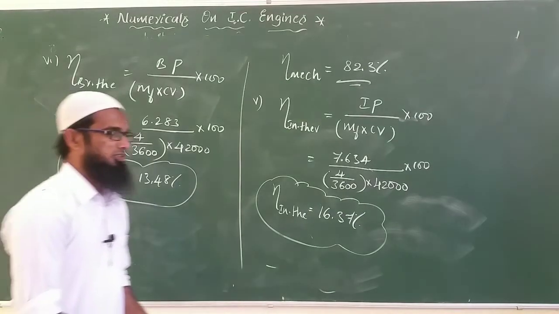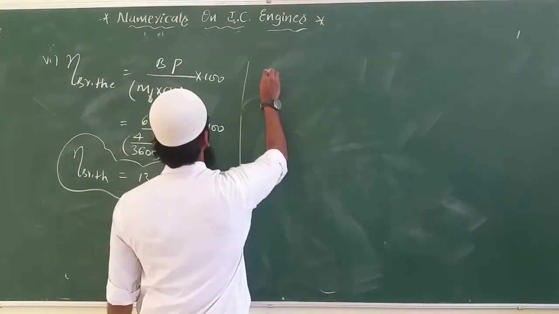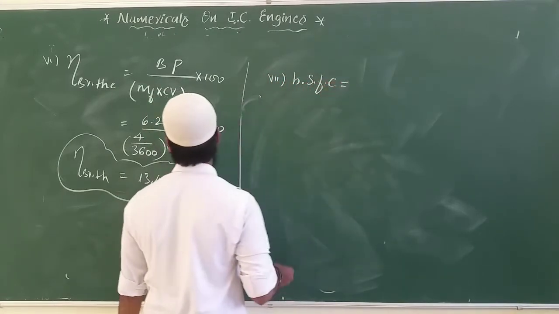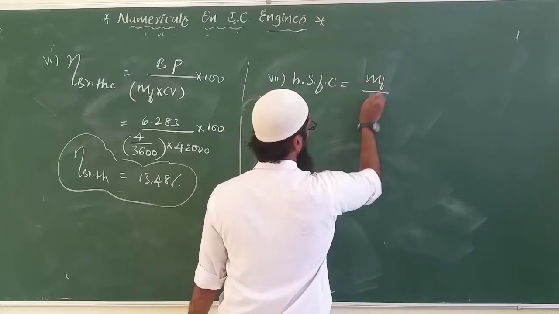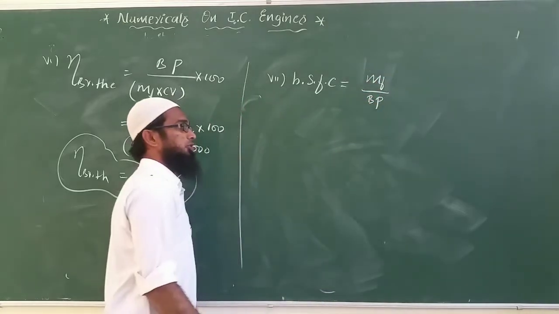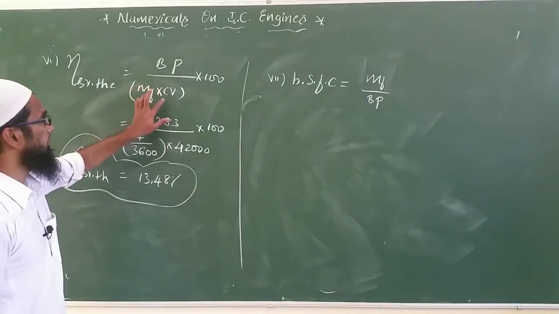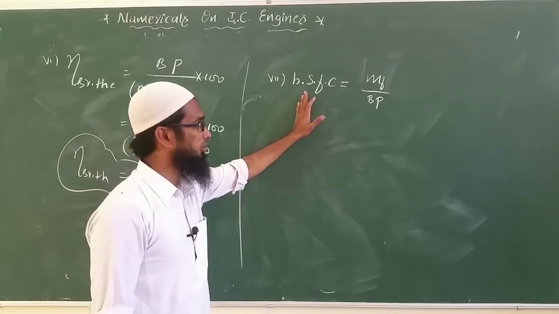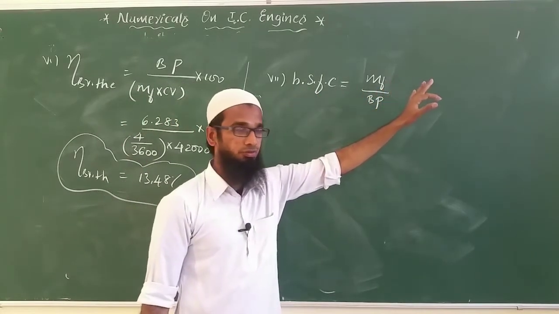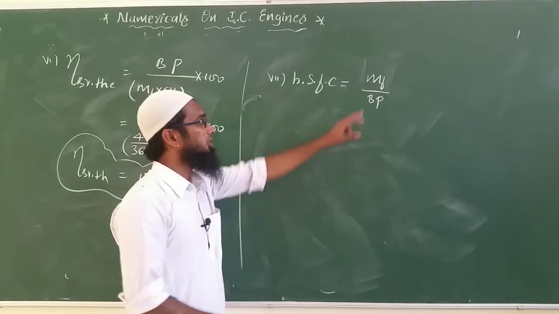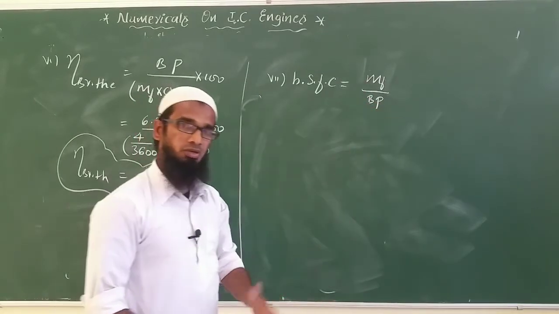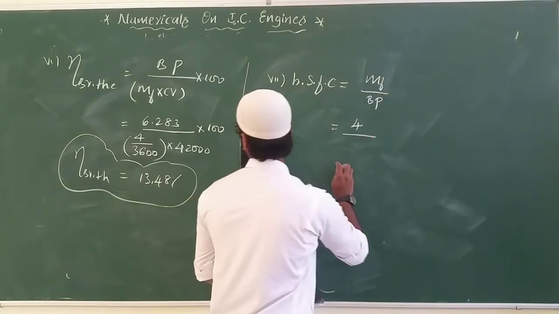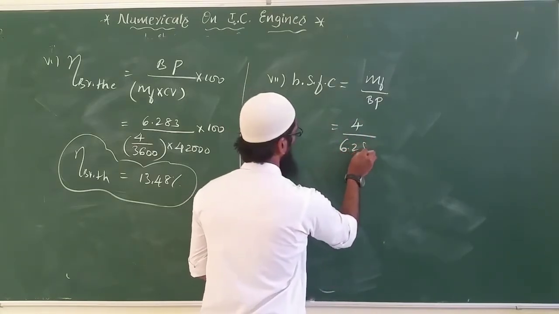Now the last part is the brake specific fuel consumption. It is given by MF by BP. There's a small difference here: for thermal efficiency it is BP by MF. When calculating brake specific fuel consumption, it is the ratio of mass of fuel by BP, but here the mass of the fuel is in kg per hour itself. We take 4 kg and the brake power is 6.283.